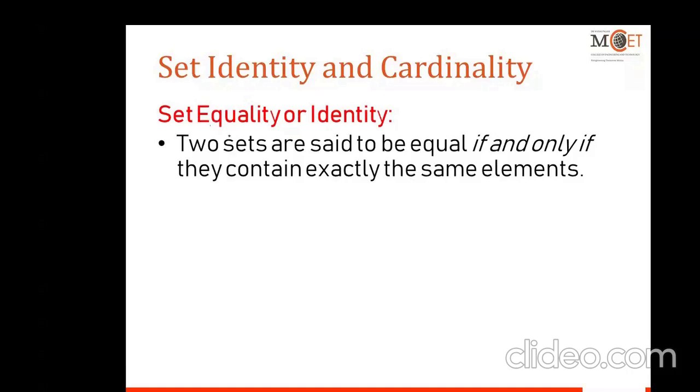Next, set equality and set cardinality. Set equality: two sets are said to be equal if and only if they contain exactly the same elements. We can take the second example, A equal to 1, 2 and B is equal to 1, 2. Both these sets have the same values, so this is called set equality.